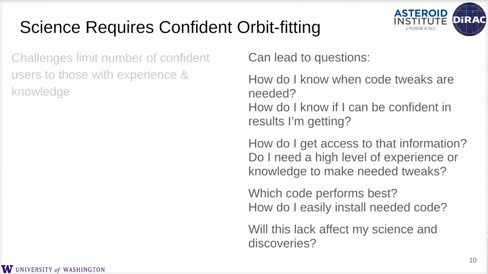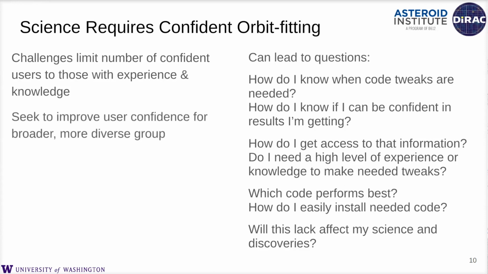So, next slide. All of these questions and challenges together can lead to a situation where there's really only a small number of users within the science community that can very confidently and reliably use these codes, who have a high level of experience working with these codes and knowledge in how their orbit determination calculations actually work.